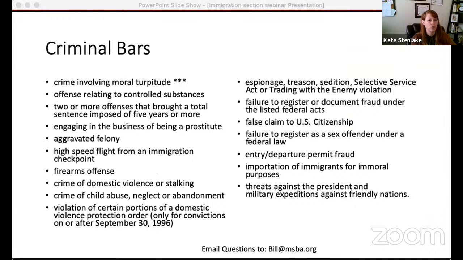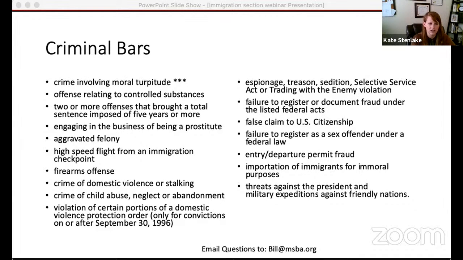Okay, so as I said before, criminal convictions will affect a client's eligibility for cancellation of removal. This is the basic list. I'm not going to go through each one of them because if you've done anything with immigration and criminal convictions, you know that this is a moving body of law.